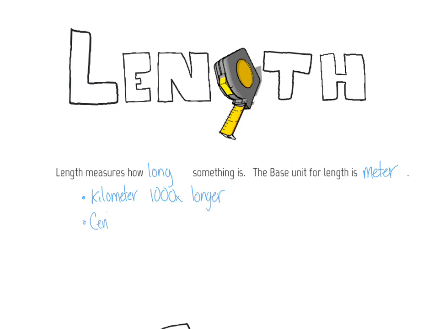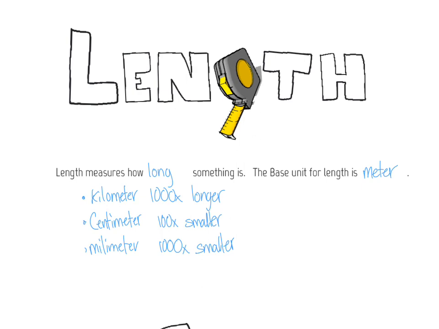A centimeter would be 100 times smaller than a meter, and a millimeter would be 1,000 times smaller than a meter. So on a meter stick, you would have 100 centimeters and 1,000 millimeters because they are 100 times and 1,000 times smaller, respectively.